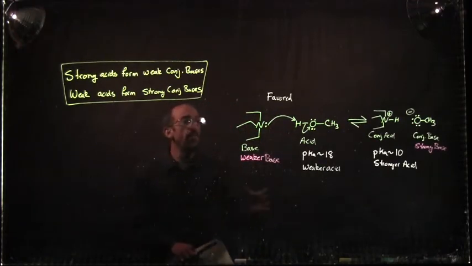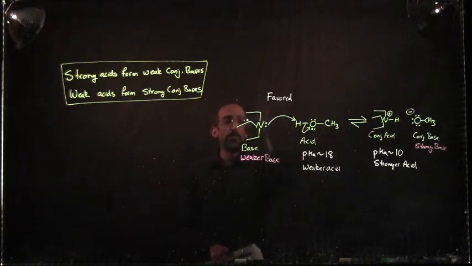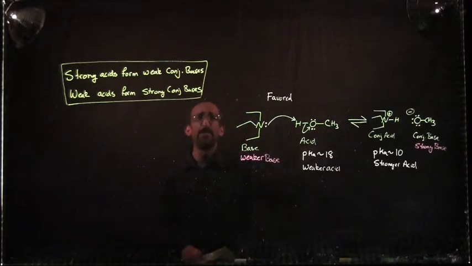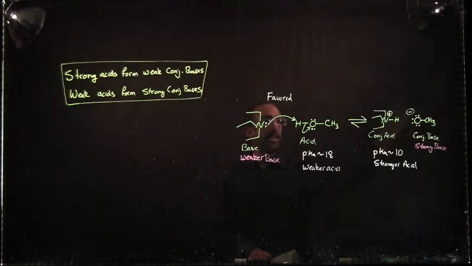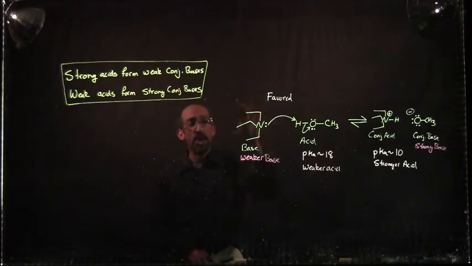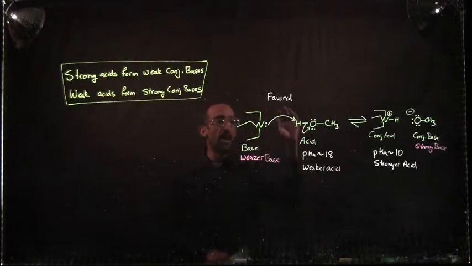Now, just because the free triethylamine and the protonated methanol side of the equilibrium is favored, doesn't mean that we don't have a little bit of these species existing in solution as well. It just means that the dominant form of our nitrogen species, of our initial base, is going to be in its basic form, in its deprotonated form. And that the dominant form for our methanol, our acid species, is going to be in its protonated form.